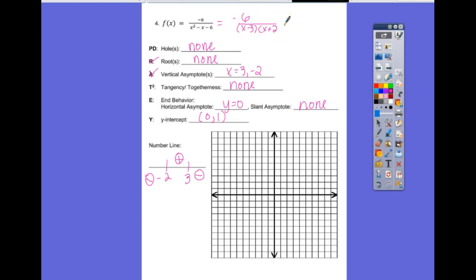Okay, so there's the factored form. So put this stuff on the graph. So we have no roots. I don't have a point discontinuity. So my vertical asymptote is at -2 and 3.